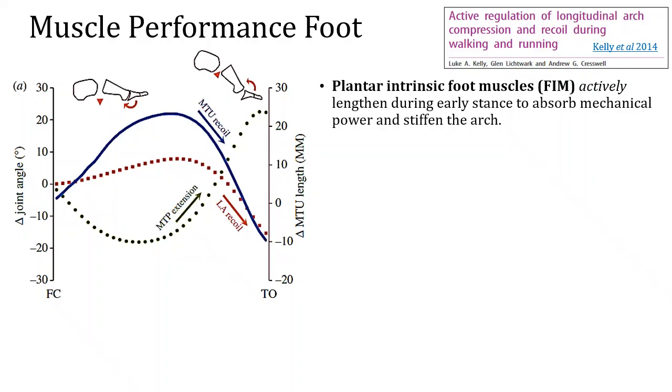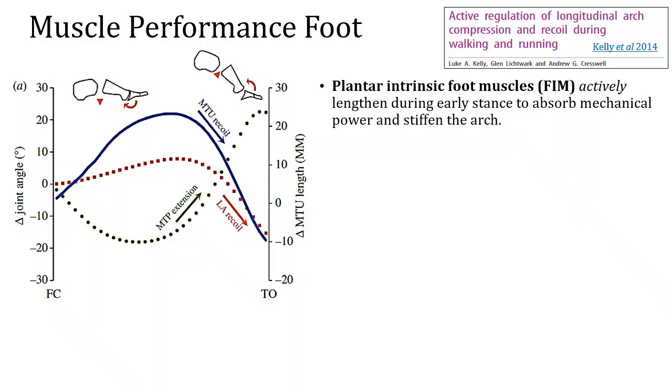The MTP joint does kind of the opposite. It initially extends and then it flexes, and then it will extend again as it pushes off. And the muscle tendinous unit, I think, really alludes to the function and the role of the muscles of the foot as the joint angles change.